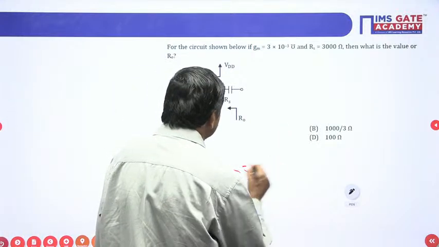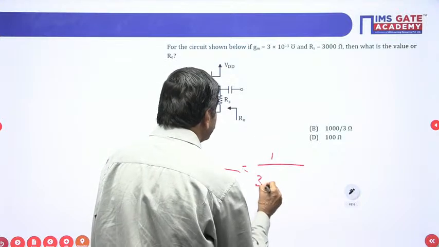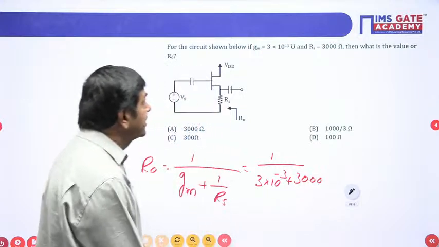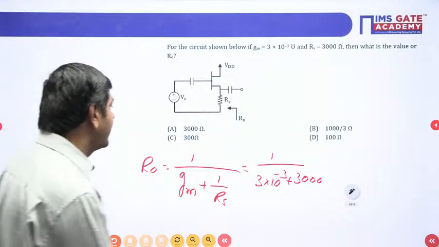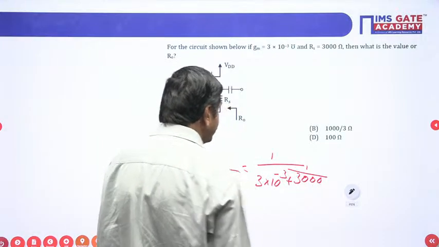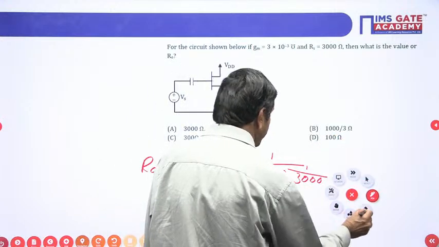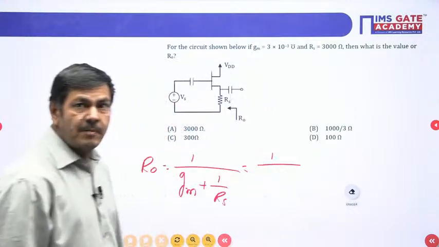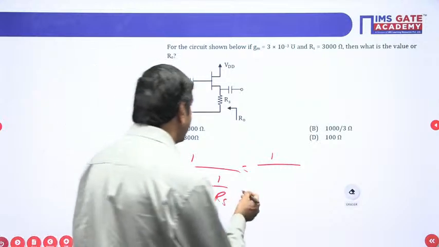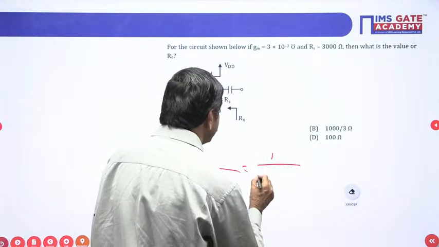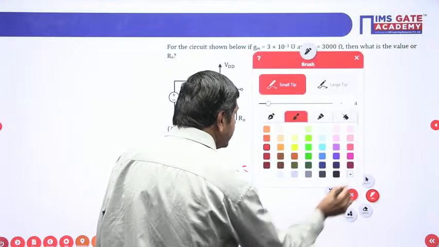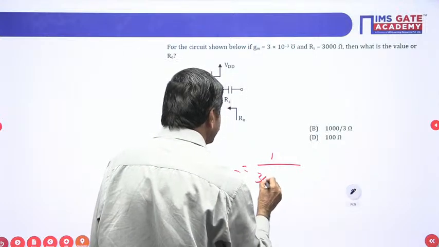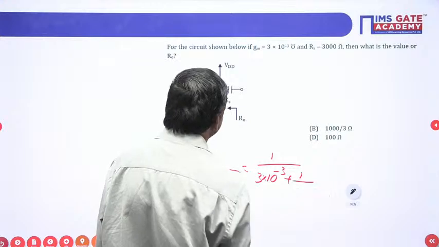There you substitute values: gm is given as 3 into 10 power minus 3, and RS is 3000.